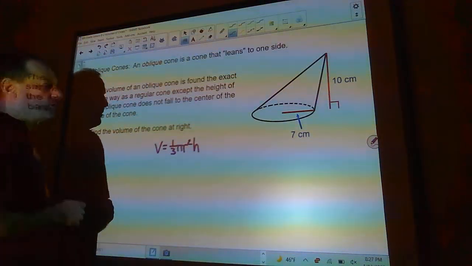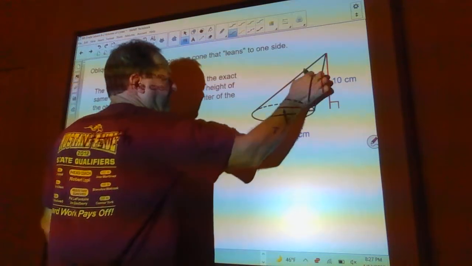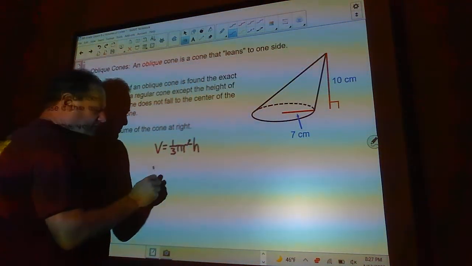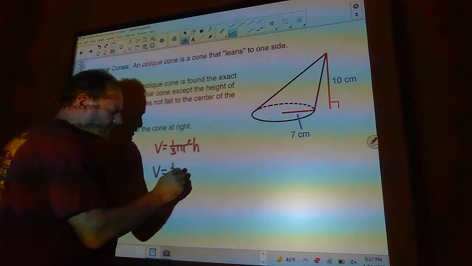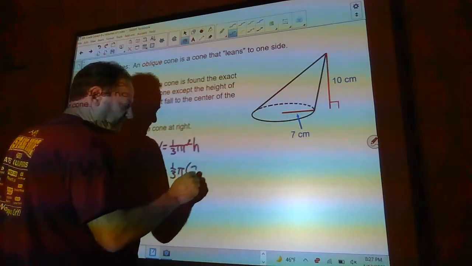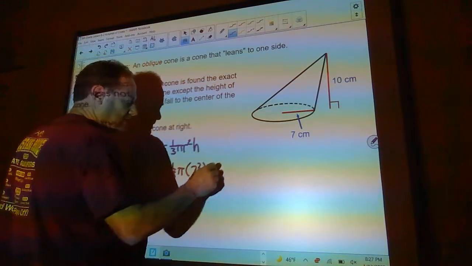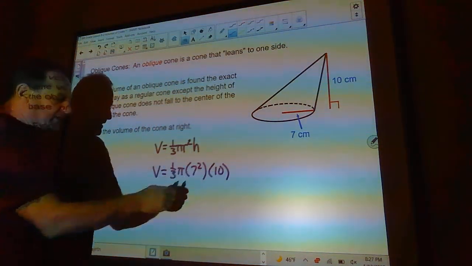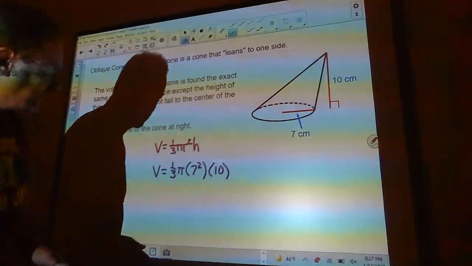Okay, so this is the height. Now this over here is called the slant height. We're not interested in that. Okay, so the volume is going to be 1/3 pi. The radius is 7. We're going to square that times 10. So 49 times 10, that's 490 divided by 3.